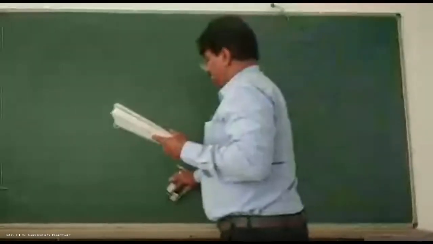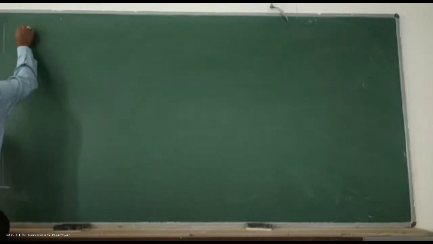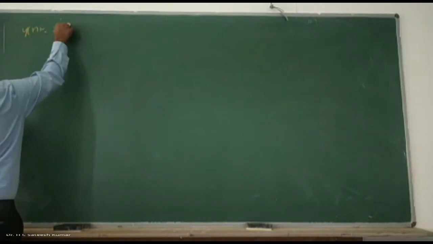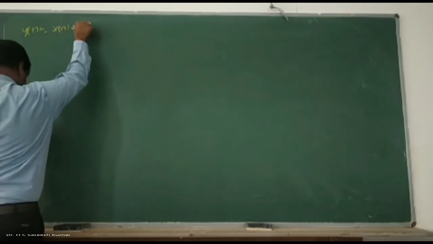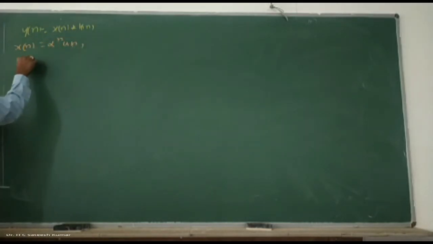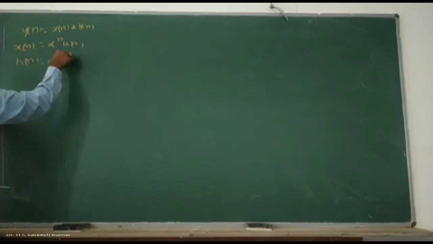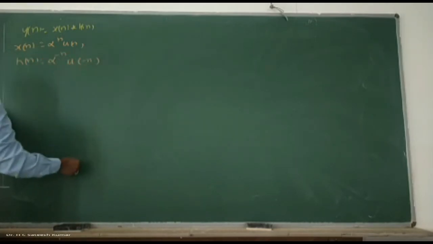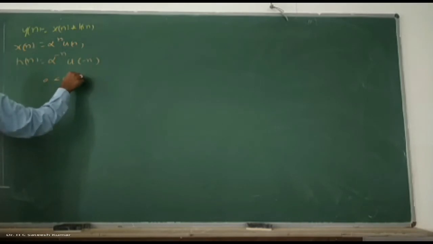So now this is the problem: compute y of n equal to x of n convolution with h of n, given x of n is equal to alpha to the power of n into u of n, and h of n is equal to alpha to the power of minus n into u of minus n, for alpha lying between 0 and 1.